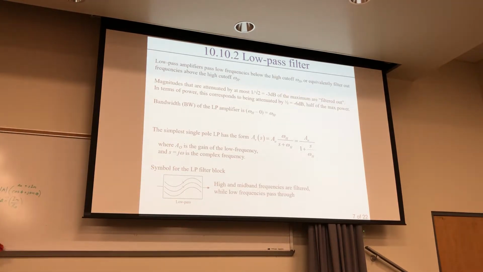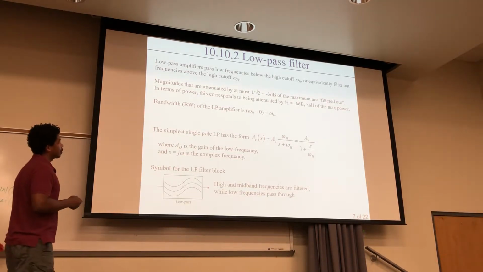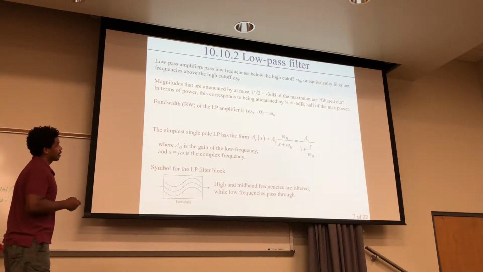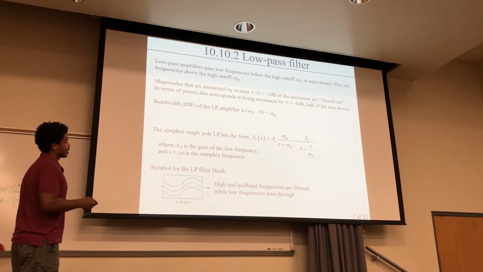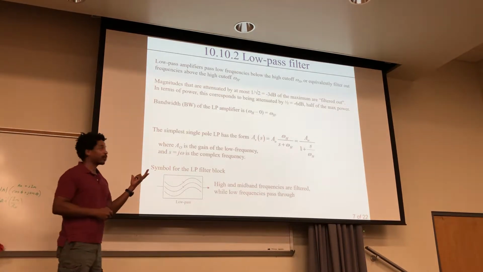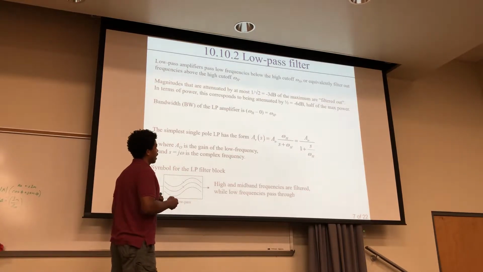So the bandwidth of a low-pass filter is basically the cutoff frequency minus where you're going all the way to 0 frequency, which is DC, so just omega h. So here's the form of the most simple low-pass type of filter. It looks like this. We'll look at this lecture a few times, and we'll get the gain, and then you try to put it into this form, okay?